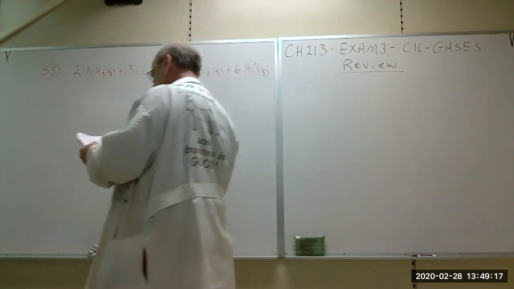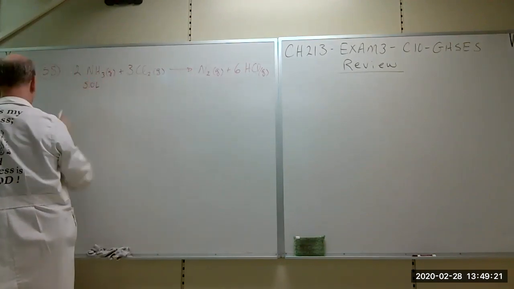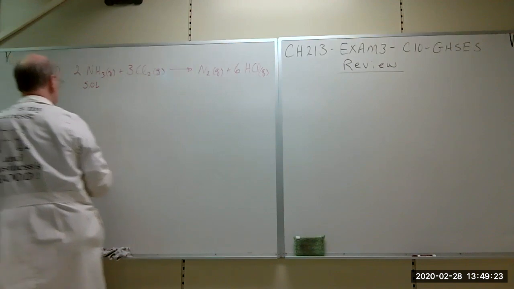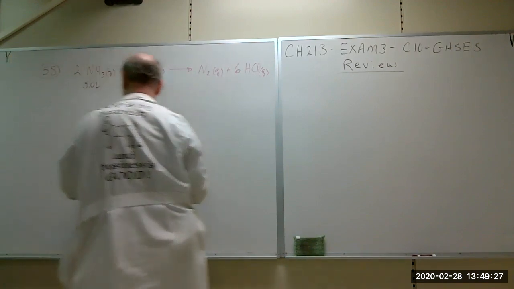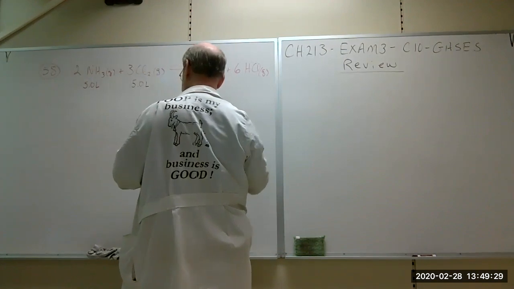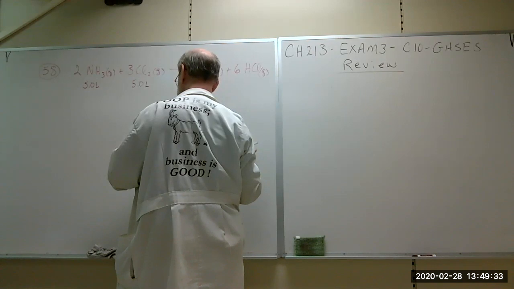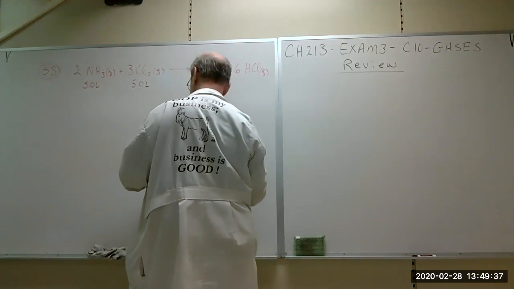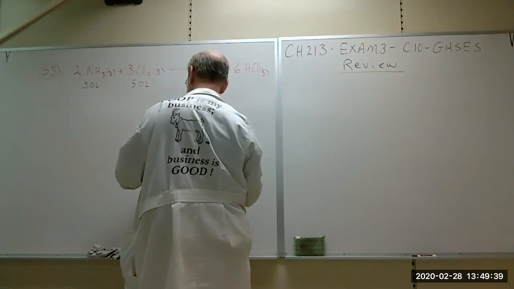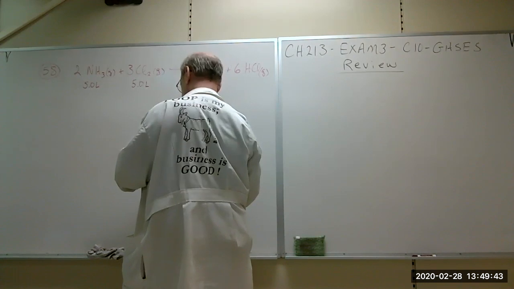You react 5 liters of this one with 5 liters of this one, measured at the same conditions in a closed container. Okay. Calculate the ratio of pressures in the container, the final pressure compared to the initial pressure.